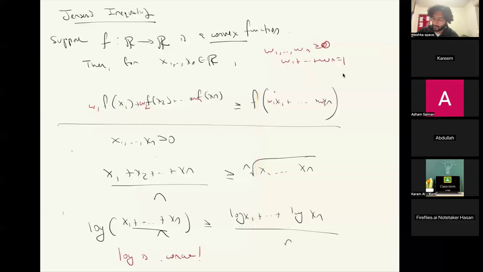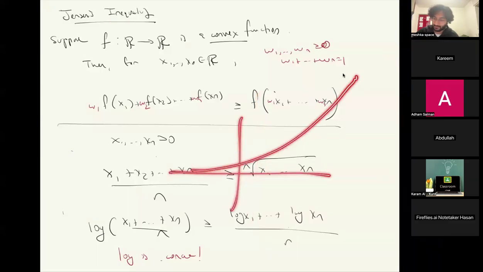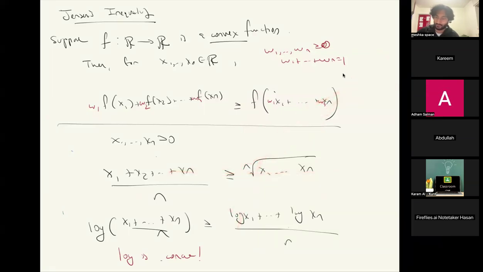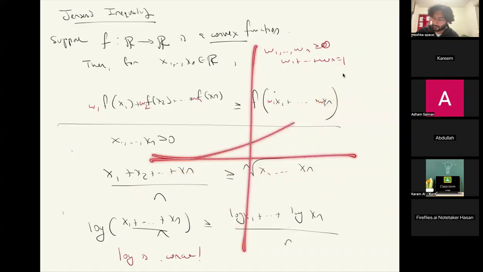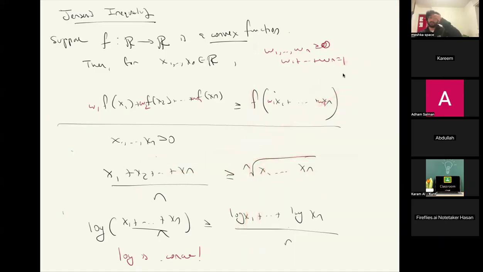When I graph it, e to the x is just convex, and so log will be concave because it's the reflection over y equals x. Or you can take the derivative: you get 1 over x and negative 1 over x squared. Okay, any questions about this?